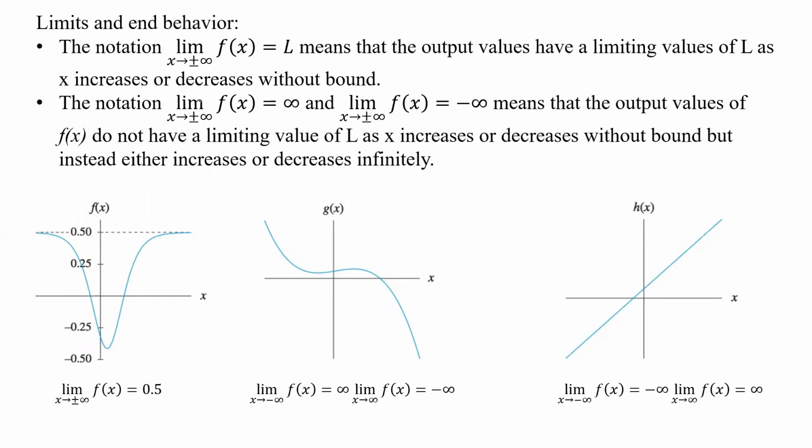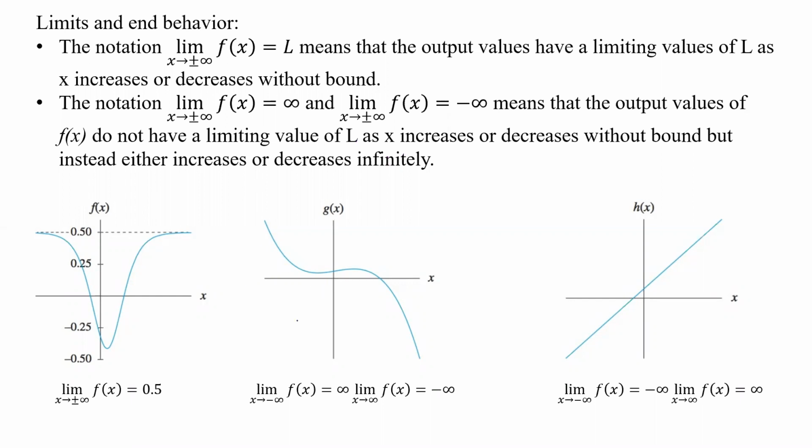Now, the notation, the limit of f of x as x approaches positive or negative infinity is equal to infinity, or negative infinity, means the output values of f of x do not have a limiting value of L as x increases or decreases without bound, but instead either increase or decrease indefinitely. So two possible examples might be this one.